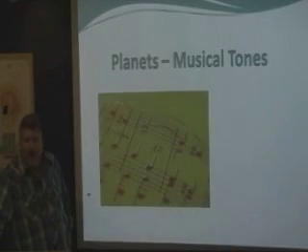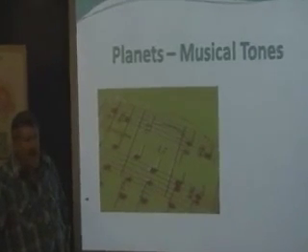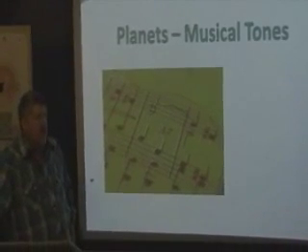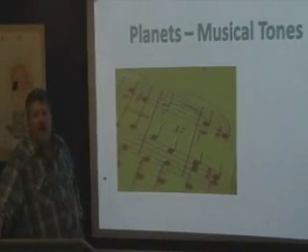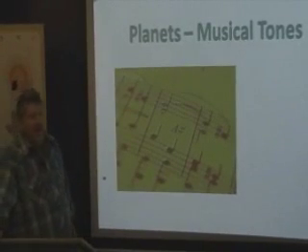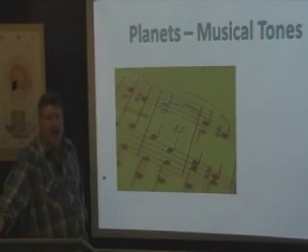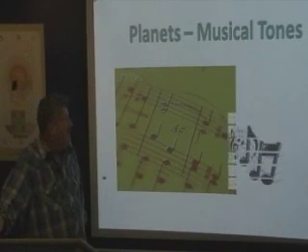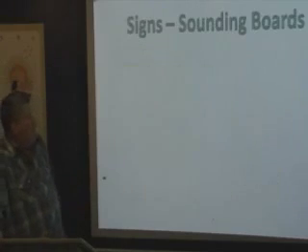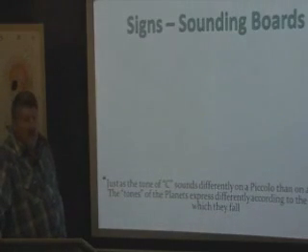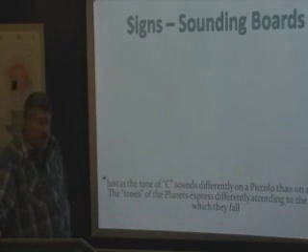Now, we discussed 2 weeks ago that the planets are the musical tones. They are a particular vibration, much like sound is a vibration or color is a vibration. The signs of the zodiac are the sounding boards.